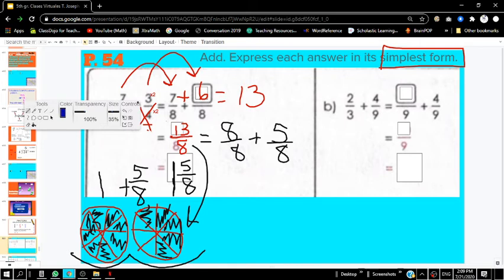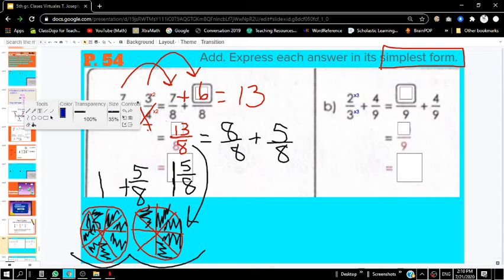In this case, we have 2/3 plus 4/9. Well, 4/9 is just going to stay the same. We don't need to change that one. So what do we need to do to get thirds to change to ninths? Well, we need to multiply by what? 3. So let's multiply both sides by 3, multiply our 2 by 3, and multiply our 3 by 3.